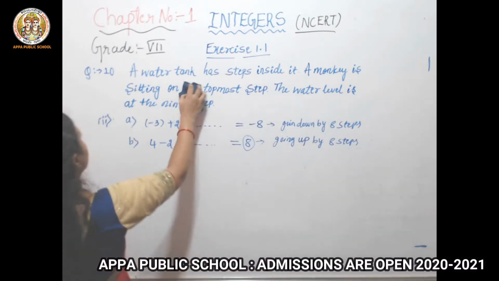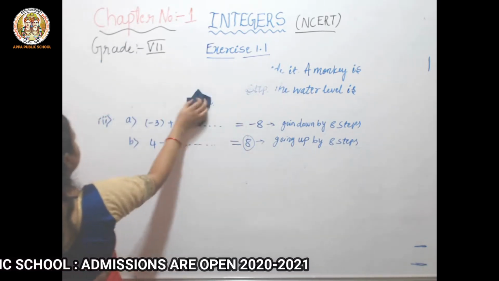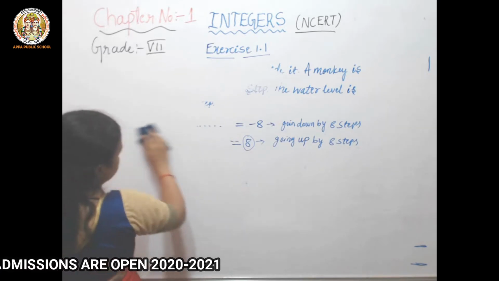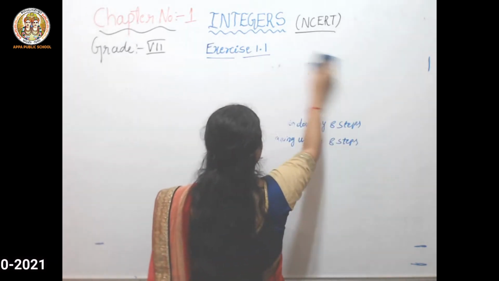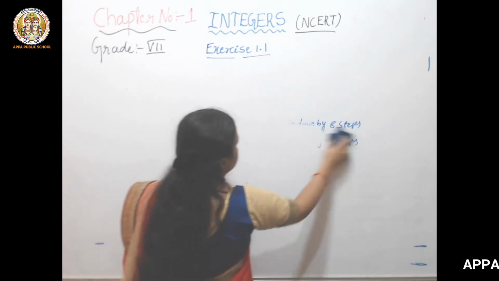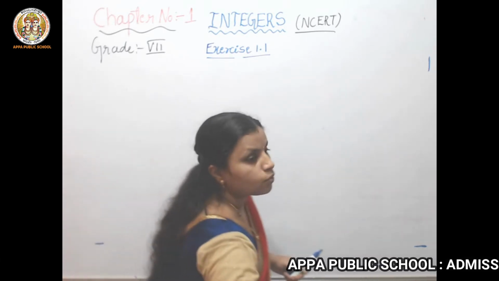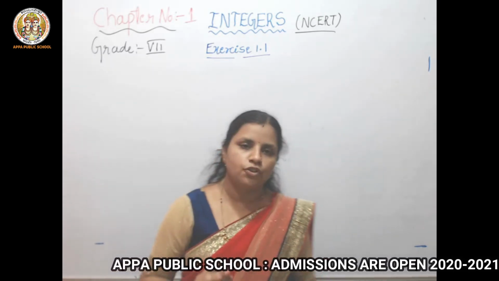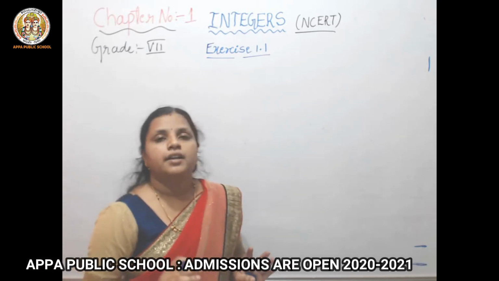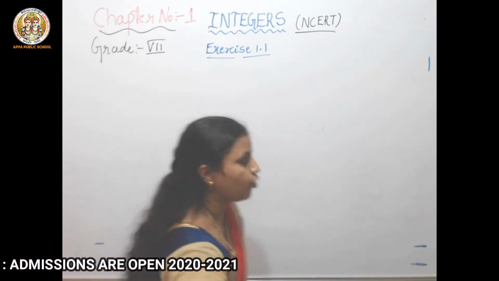The next is exercise 1.2. So the first chapter includes a total of 4 exercises: exercise 1.1, 1.2, 1.3, 1.4. Chapter first, that is integers, includes 4 exercises, and in that we completed one exercise, exercise 1.1.